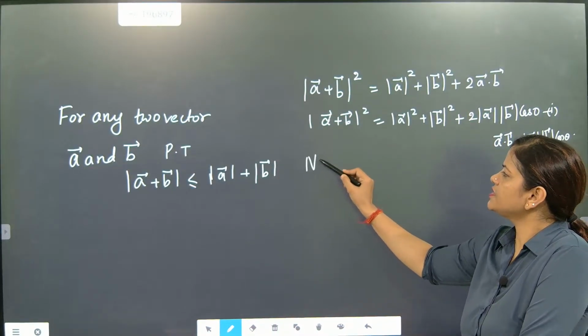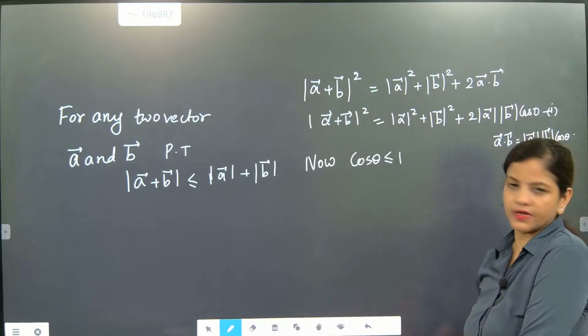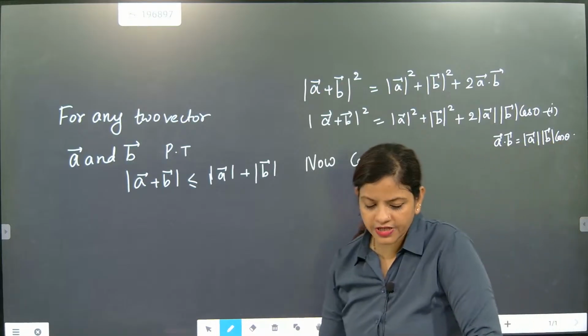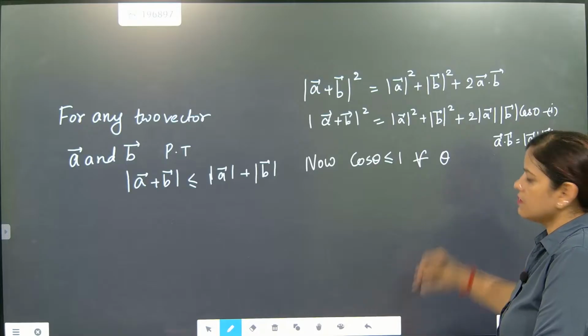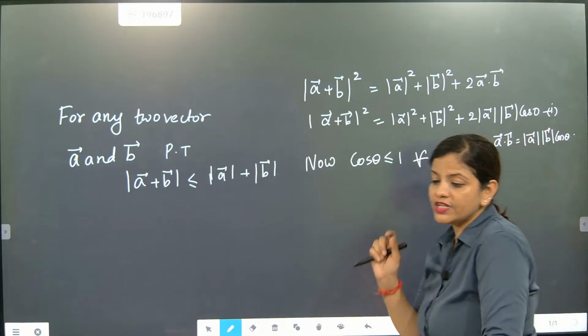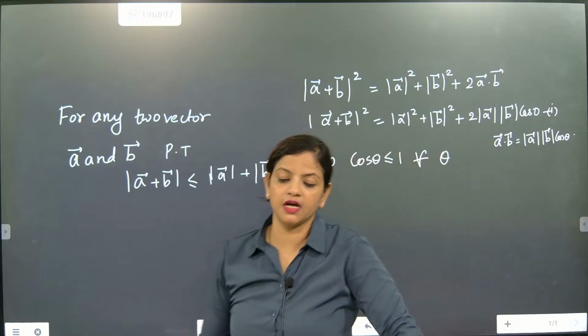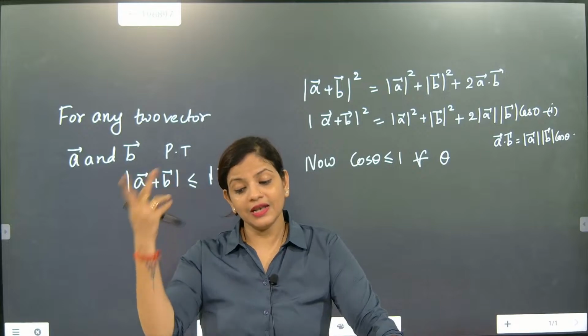Now we need to understand one thing. Cos theta is less than or equal to 1 for all theta. Understood? For all theta. What is the maximum value of cos theta? The maximum value of cos theta is 1 or less than 1.